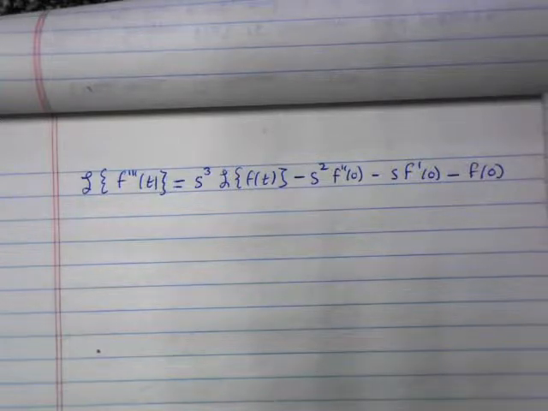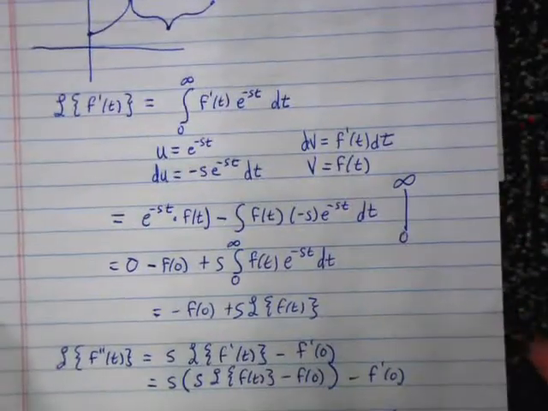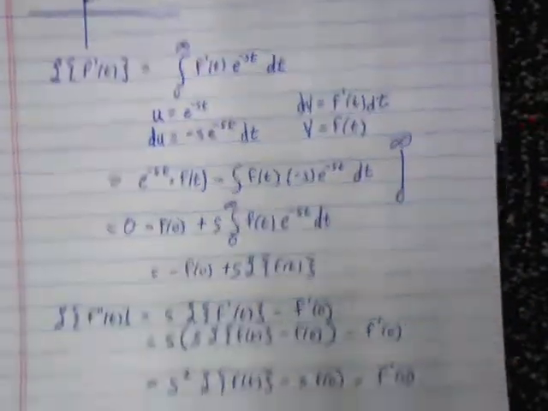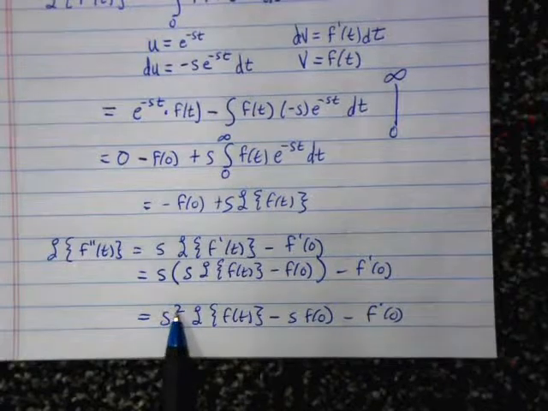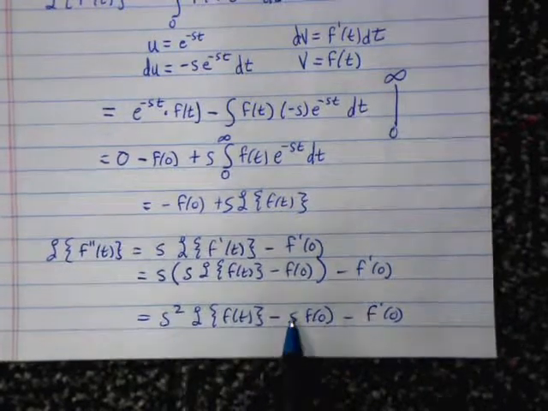Can you go back to the f double prime? Yeah, I think there was a mistake there. So notice your s's start big, s's go down: s squared, s, no s's.